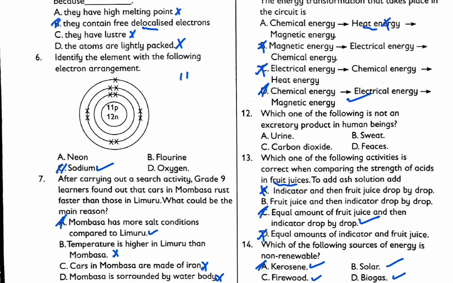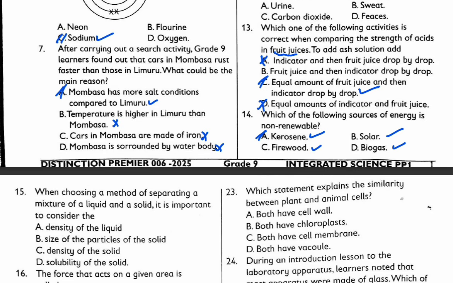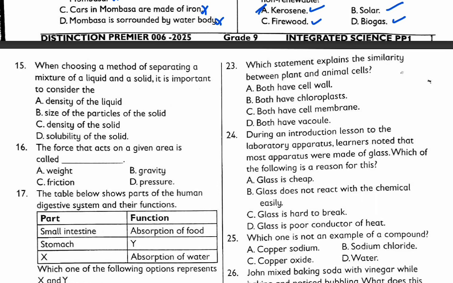We continue to number 15. When choosing a method of separating a mixture of a liquid and a solid, it is important to consider the: A, density of the liquid; B, size of the particles of the solid; C, density of the solid; D, solubility of the solid. For you to know whether you're going to use filtration or decantation, which one is the most important?